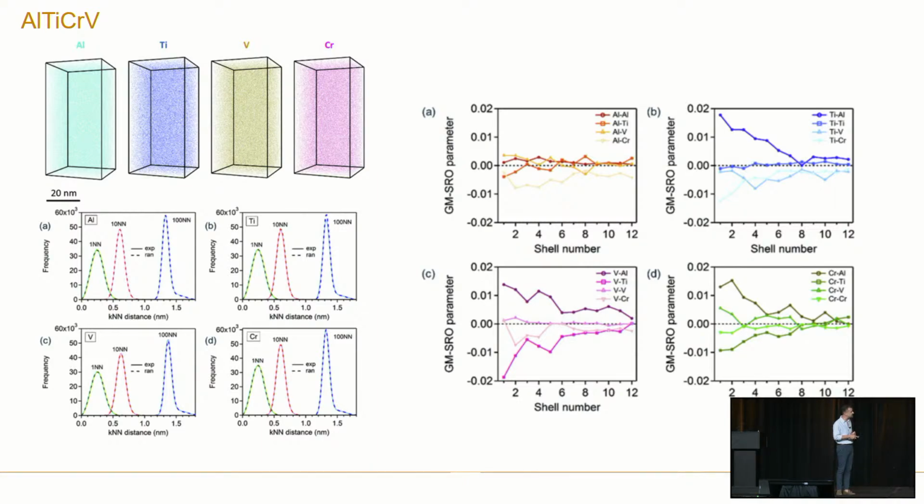When you have a positive short-range order number, that means that you have dissociation of that pair, and when it's negative, you have association. So I'll cut a long story short, but the ordering in the BCC structure is that in the center of the cube, aluminium prefers to be there, and in the corners, from this data, titanium prefers to be there. So there's some periodic arrangement to the way that the elements are in this alloy, even though it's a solid solution.